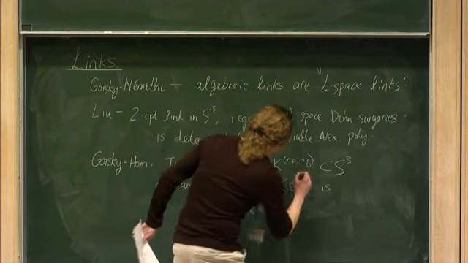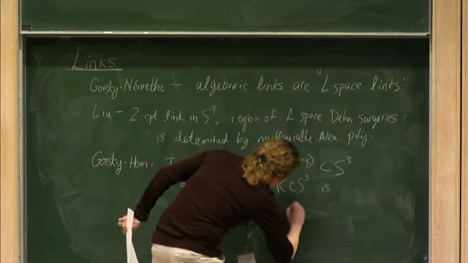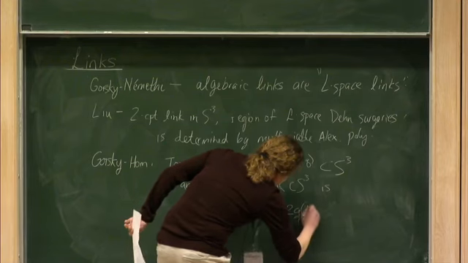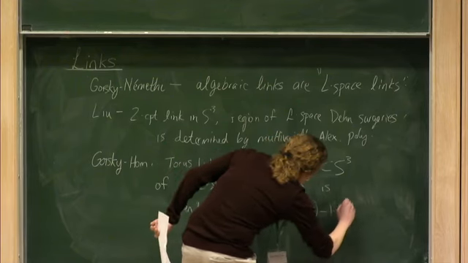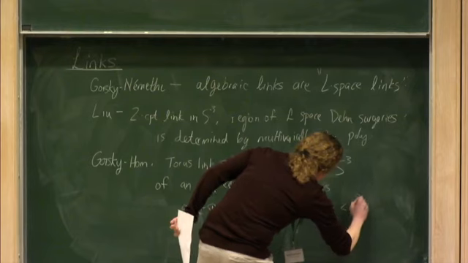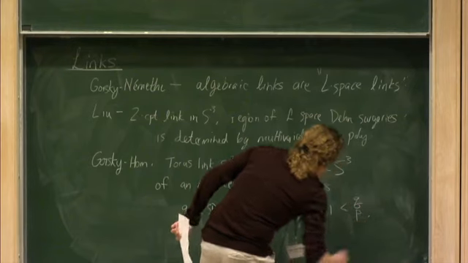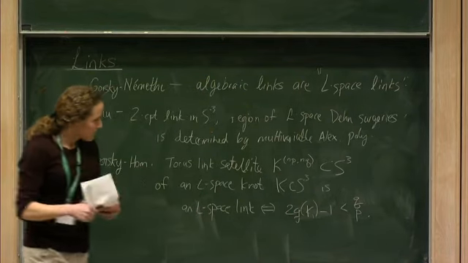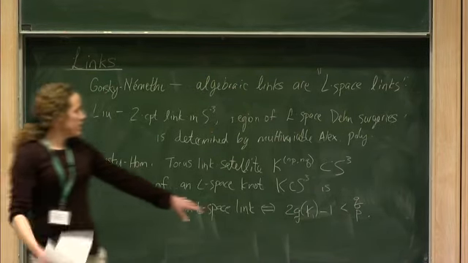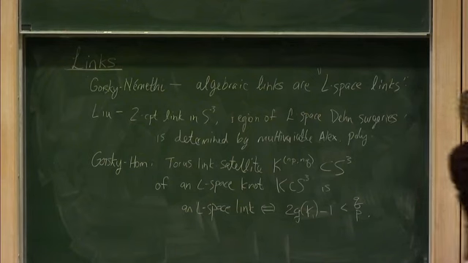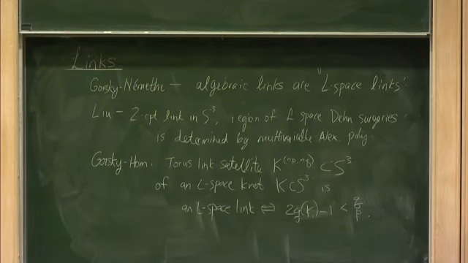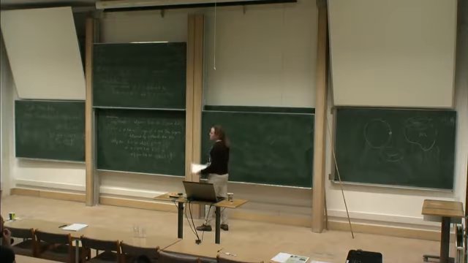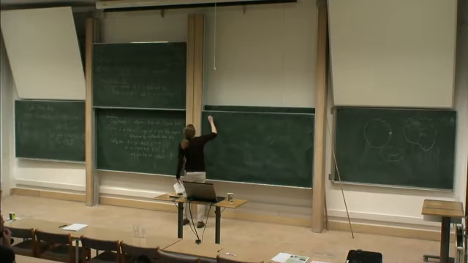if 2g minus 1 is less than q over p, which should remind you, if you're familiar with it, of the result about cabling by Hedden and Hom.